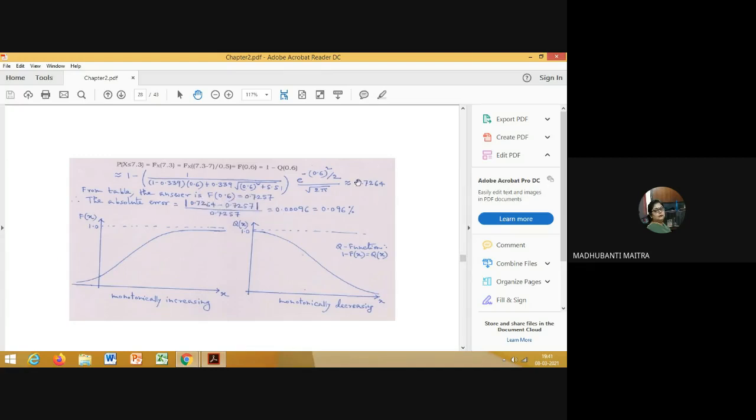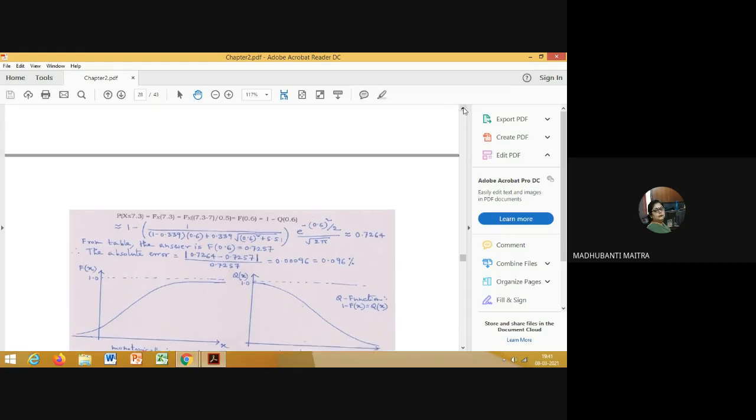This can be greater than this one or less than this one, so we are considering the magnitude of the difference. So 0.7264 minus 0.7257 divided by the actual value, which is 0.7257. If we convert it into percentage, we see that the percentage error is 0.096%, which is pretty small.